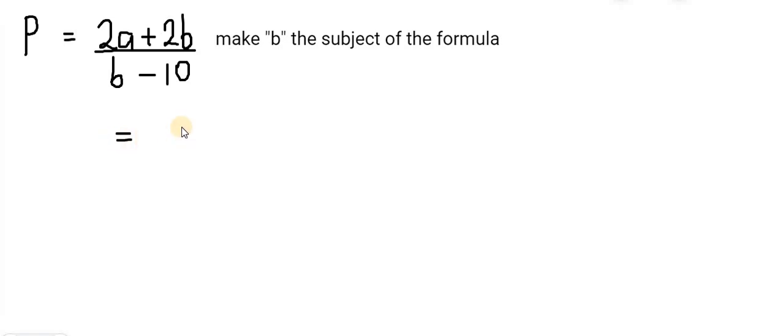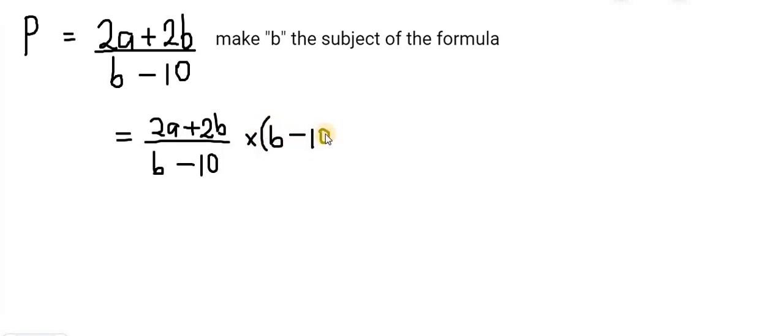Now, as I do this, I should also note that some people might use cross-multiply method, but you'll still end up at the same point that I'm going to end up at. So, to get rid of b minus 10 from the right, I multiply by b minus 10. I'm going to put that in a bracket. And because I have done that to the right, I've got to do that to the left.